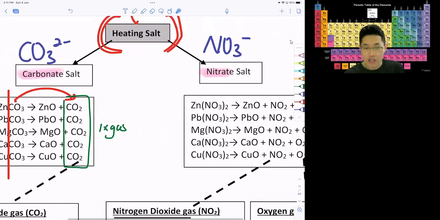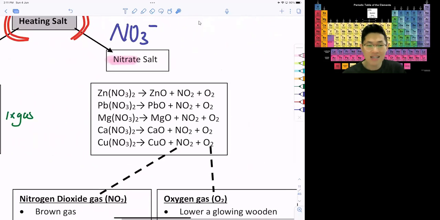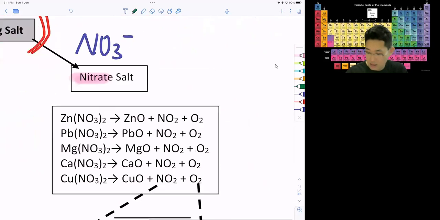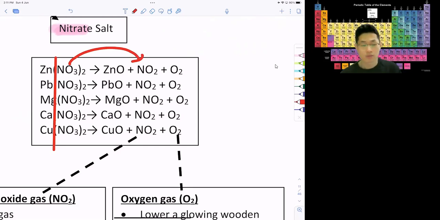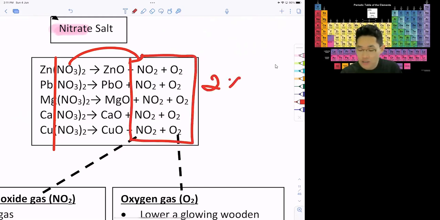When we go to nitrate, similar things happen. Just now CO3 produced CO2, right? Now NO3 produces NO2, and together with O2, this one comes with two types of gas.